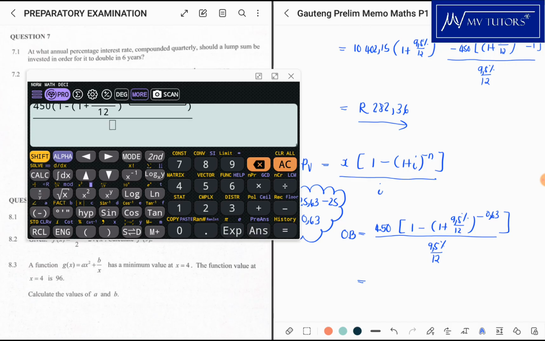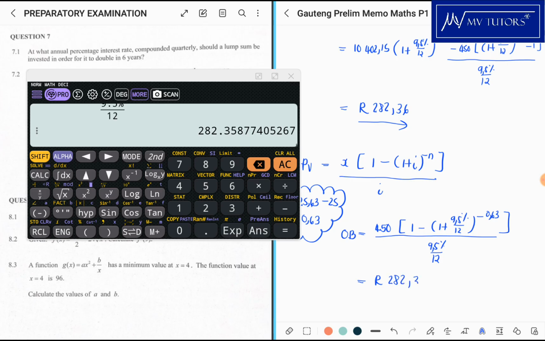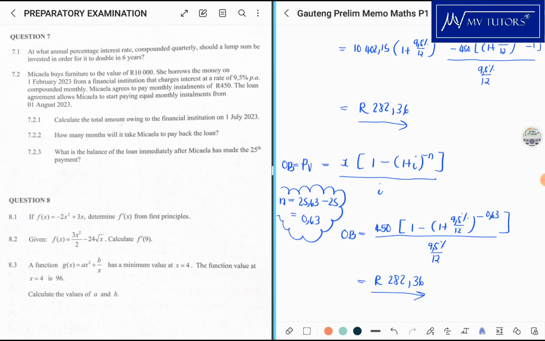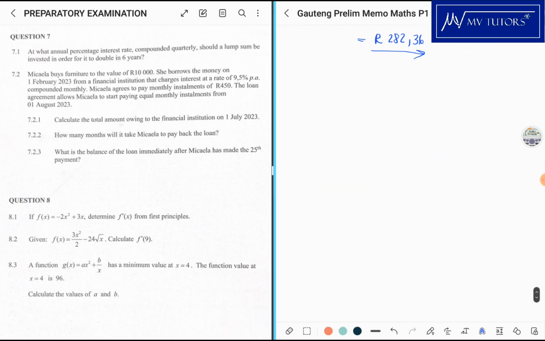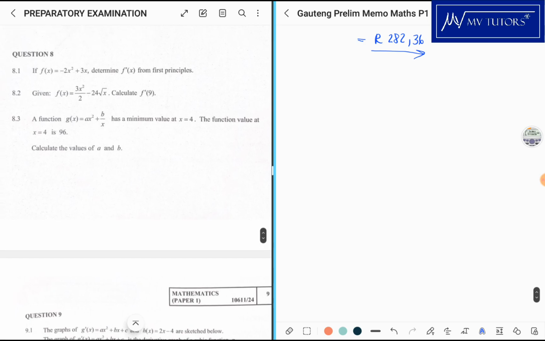I like storing things so that they're not watered down, but sometimes it's not always possible. And yeah, there we go. We have the same answer. If I had rounded off, I would have probably been off there. So two methods work differently but should produce the same answer. And that's it for question 7. Now let us go to question 8.